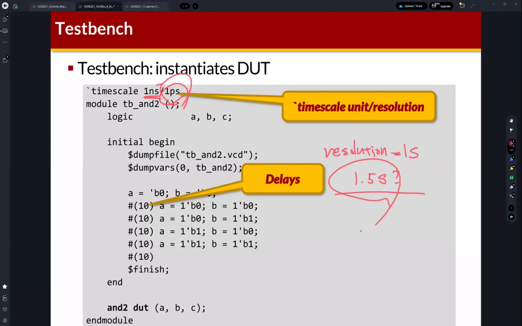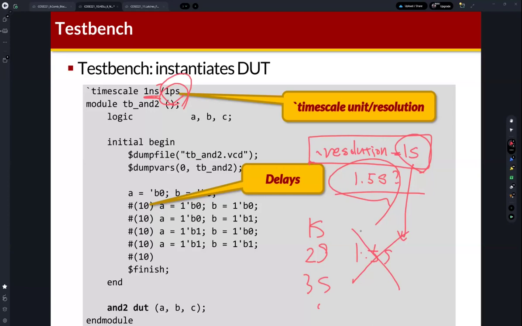It is because the resolution of the time scale is 1 second. Which means that we can represent 1 second, 2 seconds, 3 seconds, like this. But 1.5 seconds cannot be represented, because we defined the resolution of this time scale as 1 second.